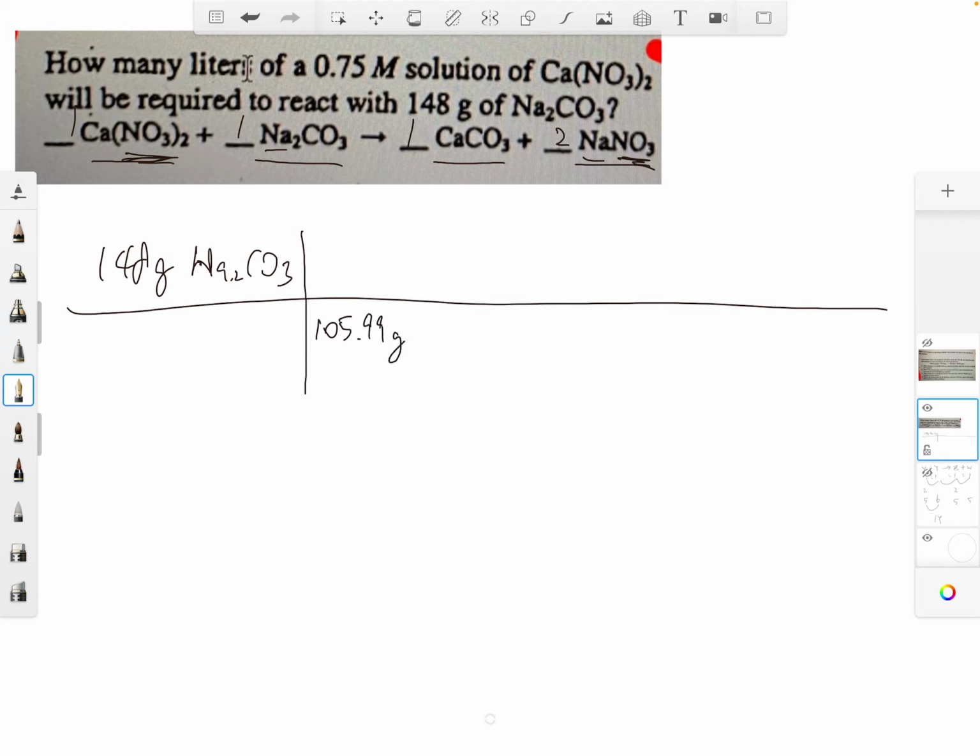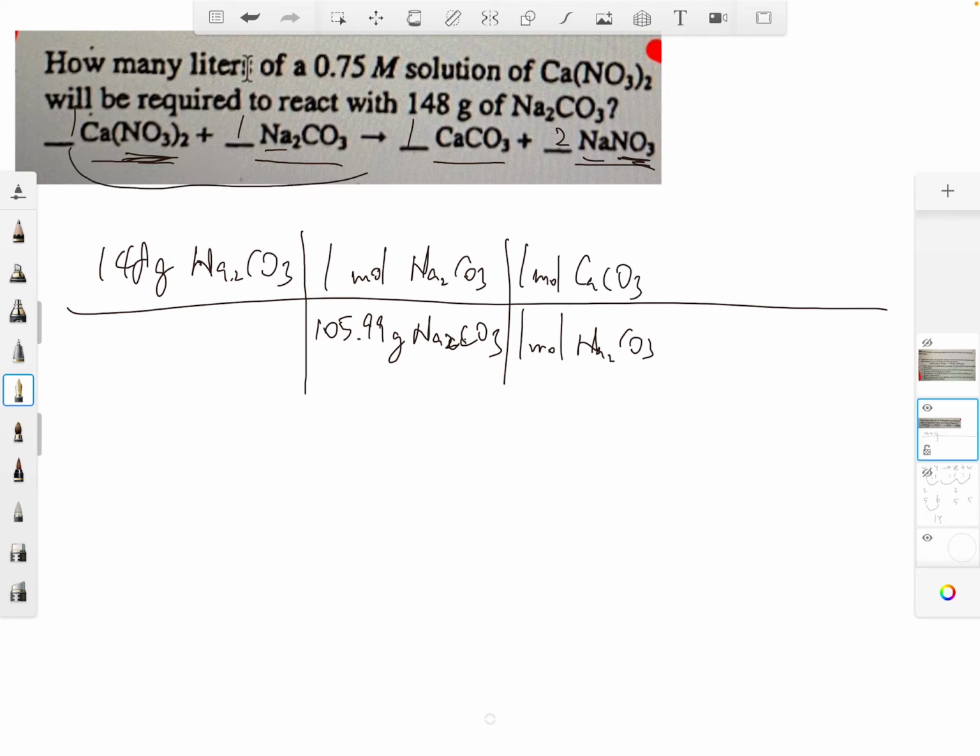You just look it up from the periodic table. So that is 1 mole of this chemical, and 1 mole of Na2CO3 also corresponds to 1 mole of CaCO3. There's a 1 to 1 ratio.